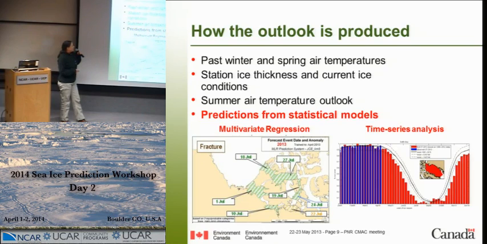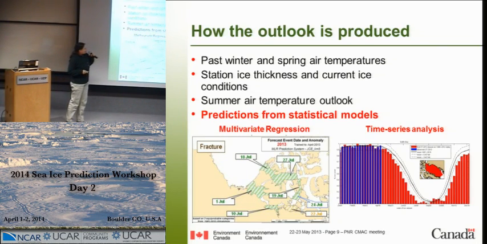So we started relying more and more on statistical models. We have a MLR system model. We have an optimal filter-based model, which is like an autoregressive type model. The MLR is used for forecasting all the things in the table that I showed you on the previous page, so dates of events, route clearing.